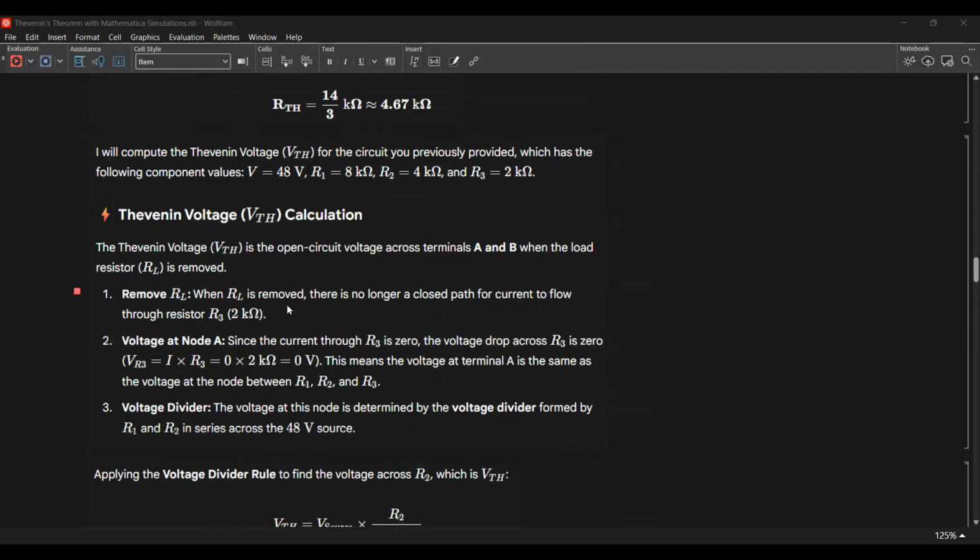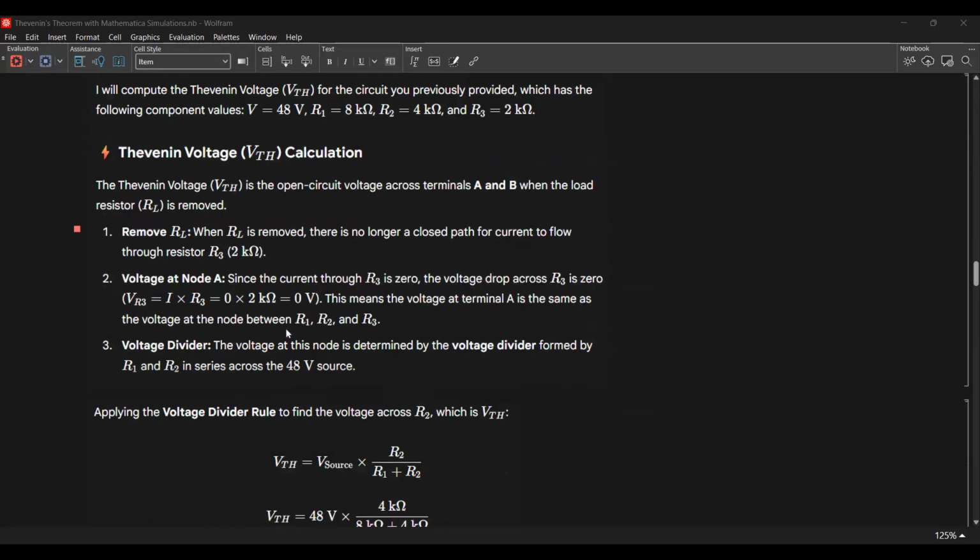When RL is removed, there is no longer a closed path for current to flow through resistor R3. Voltage at node A: since the current through R3 is zero, the voltage drop across R3 is zero. So VR3 is equal to zero here.